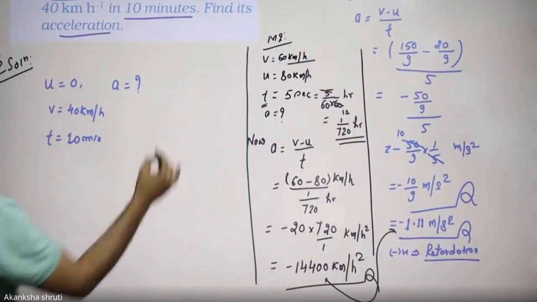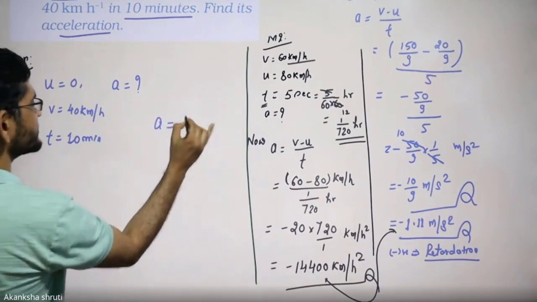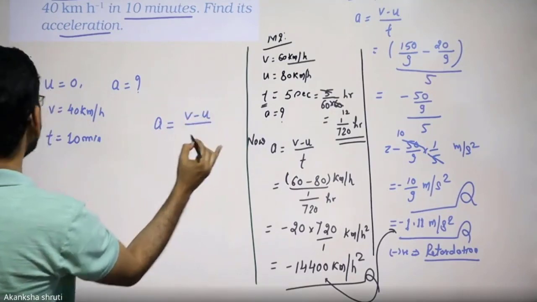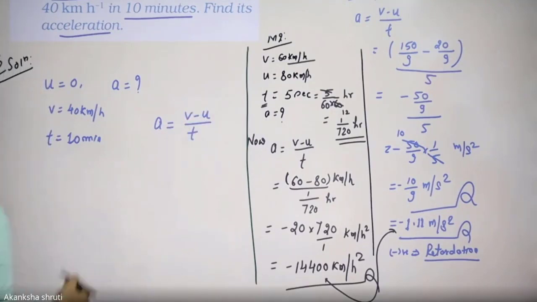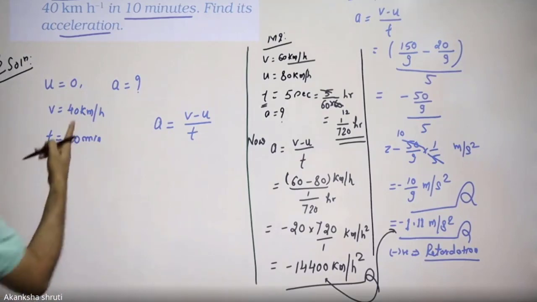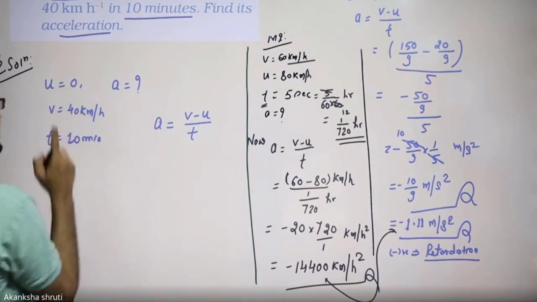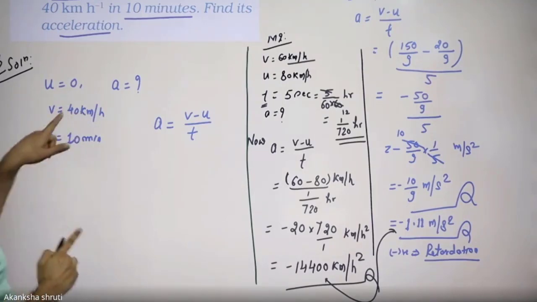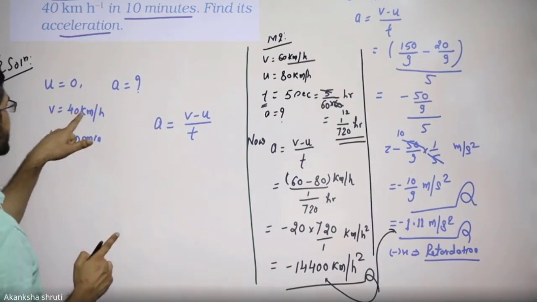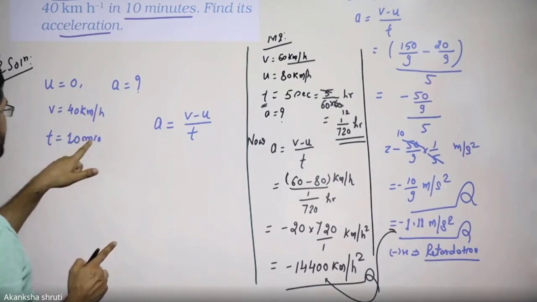The formula that we know for the acceleration is v minus u by t. But for applying this, the time and speed must be in the same unit. Like here, v is given in 40 kilometer per hour, time is in minutes.